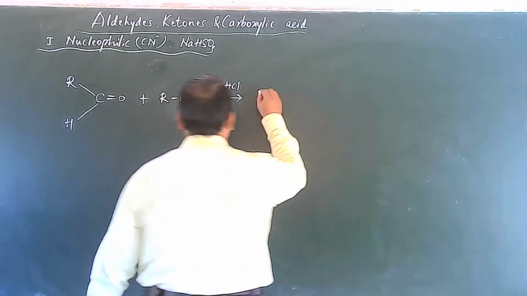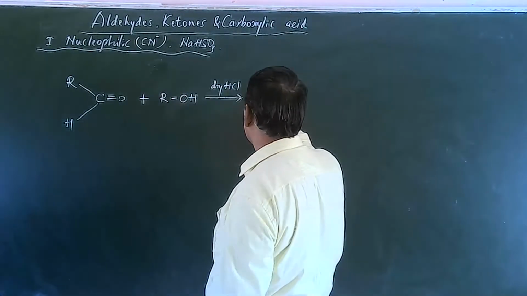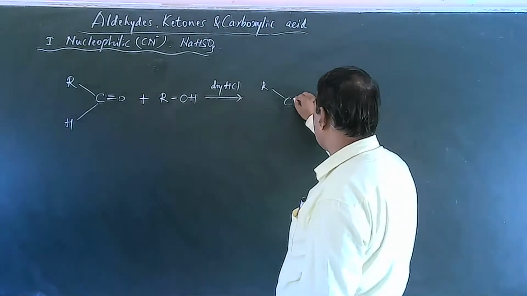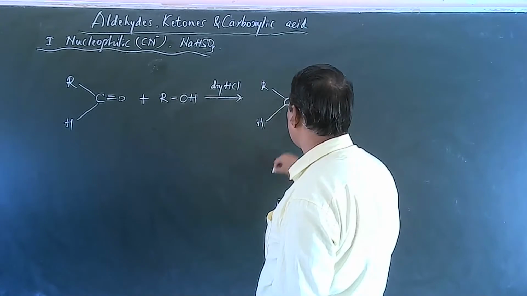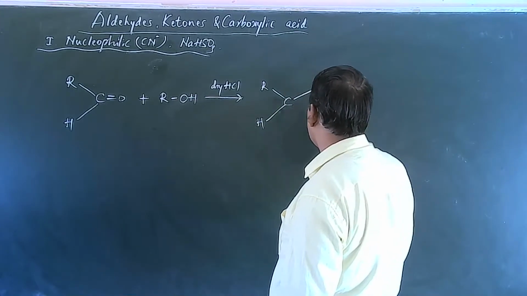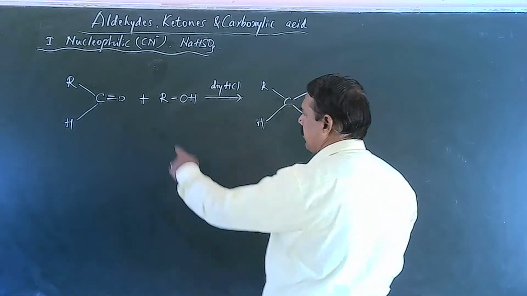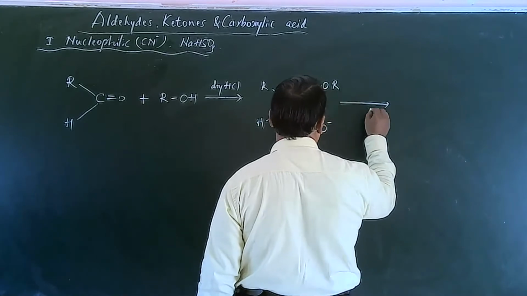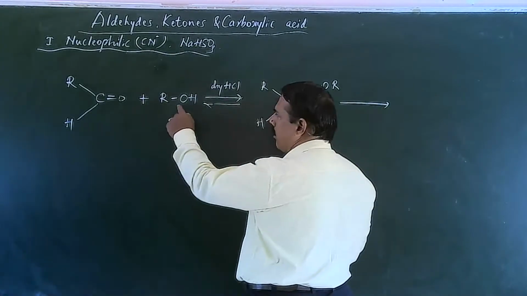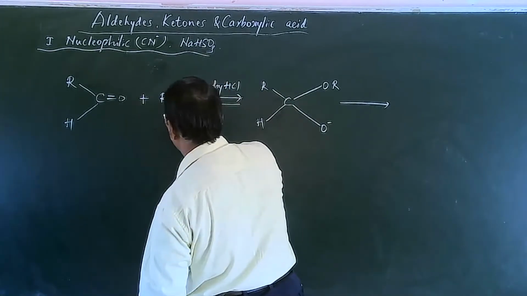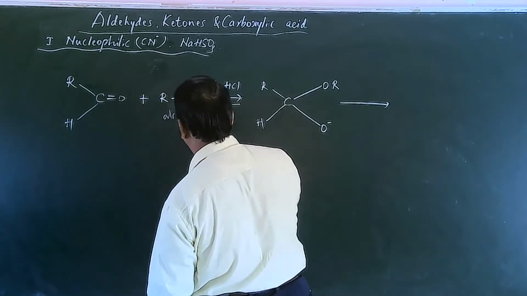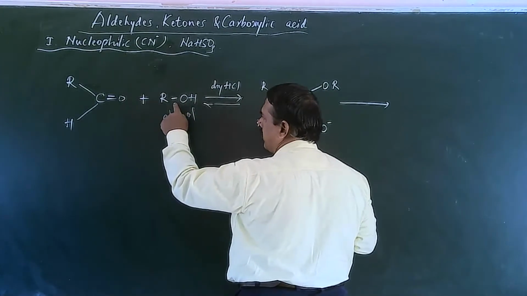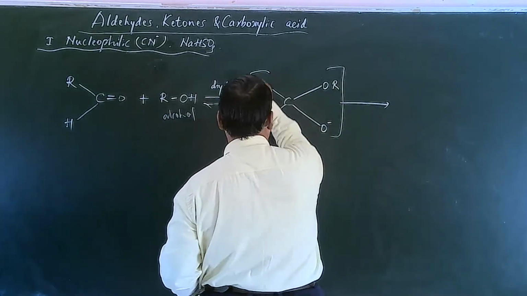an addition product forms through nucleophilic addition. So we get R, C, with H, and OR, and OH. This is a reversible reaction. In the presence of another molecule of alcohol, the alcohol adds here and you get an addition product.